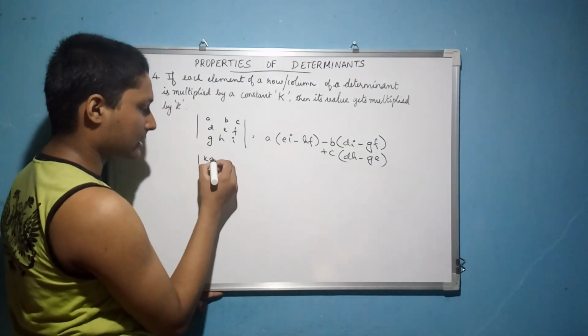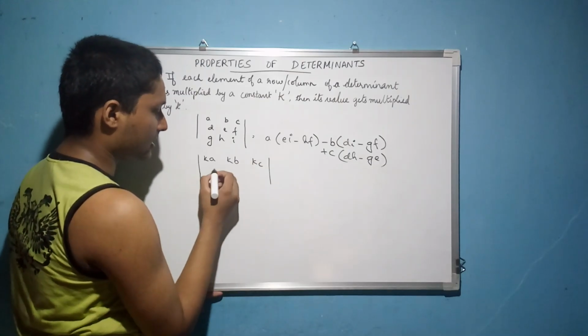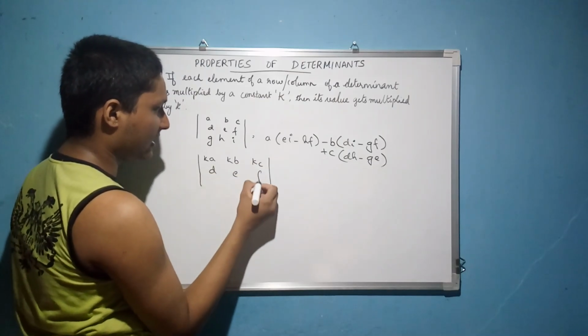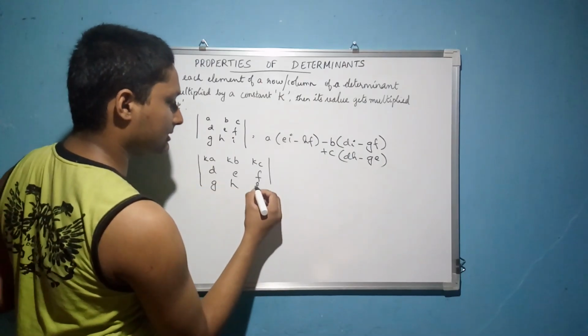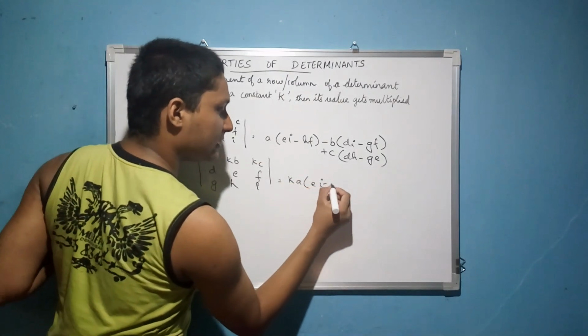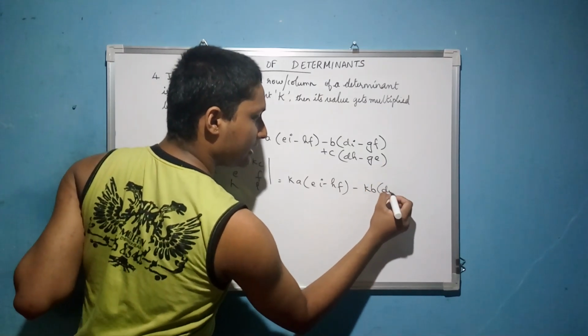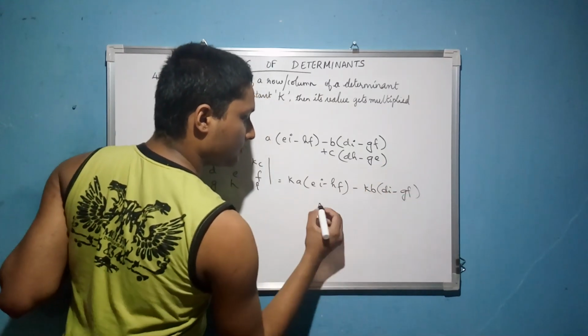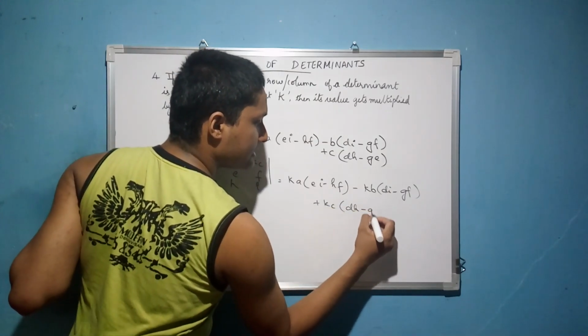So it is going to be ka, kb and kc. Now again d, e, f, g, h, I. This is all which you are going to get. So everywhere I'll get ka into ei minus hf, minus kb into di minus gf, plus kc into dh minus ge.